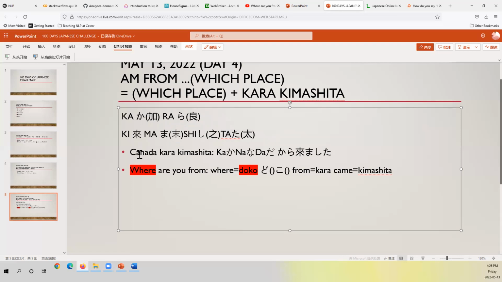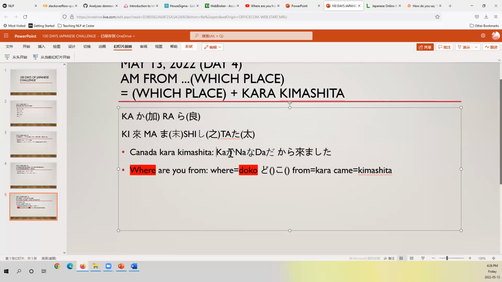For example, if you want to say you're coming from Canada, you can say Canada kara kimashita.